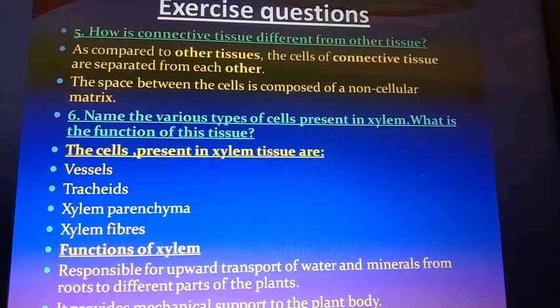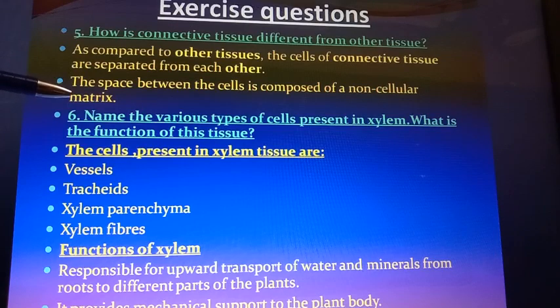Next question is, how is connective tissue different from other tissue? As compared to other tissues, the cells of connective tissue are separated from each other. The space in between the cells is composed of a non-cellular matrix.